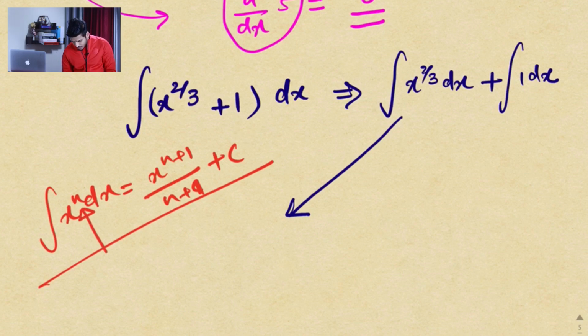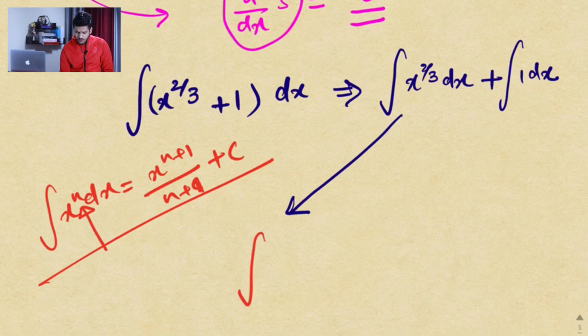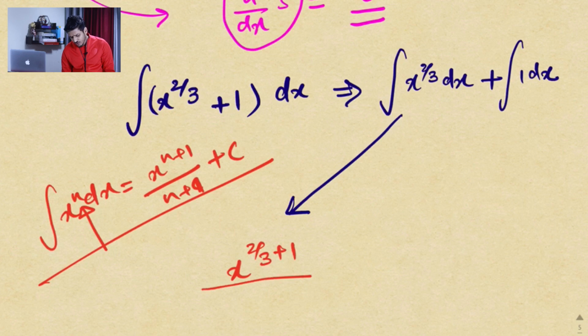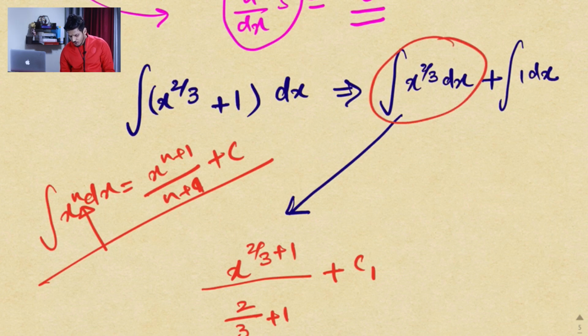So we can write x to power 2 by 3 plus 1 upon 2 by 3 plus 1, plus c1 for this integration. And the integration of 1 will be x plus c2.